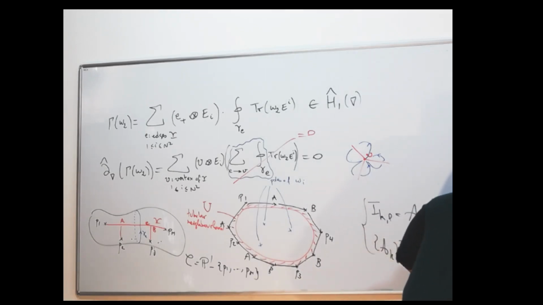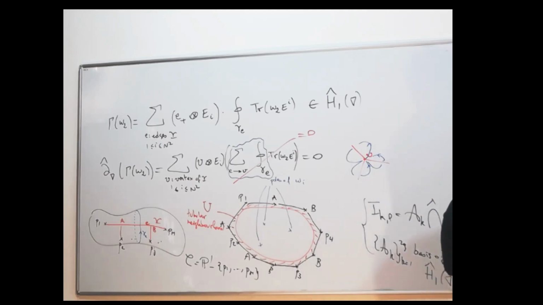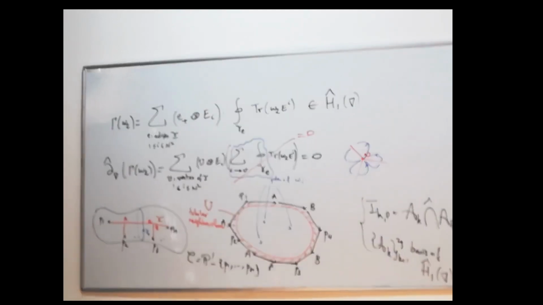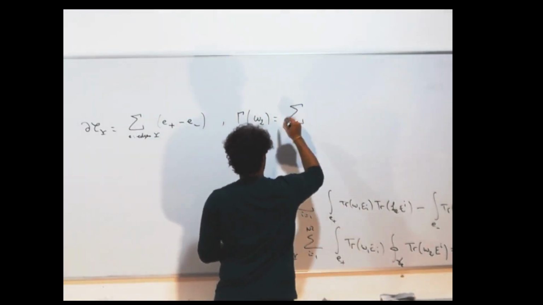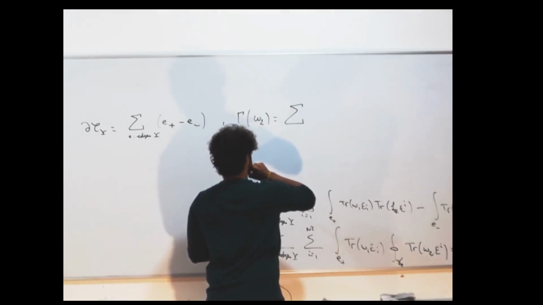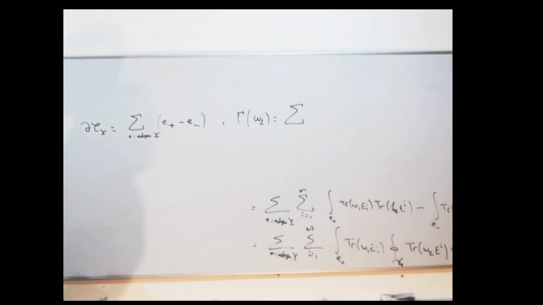So let's continue. So now, since it belongs to H1, we can decompose it on the basis that we have considered. Okay, so we can write gamma of omega 2, and we can decompose it as a sum, so basically over the A's, and you can write this in such a way.